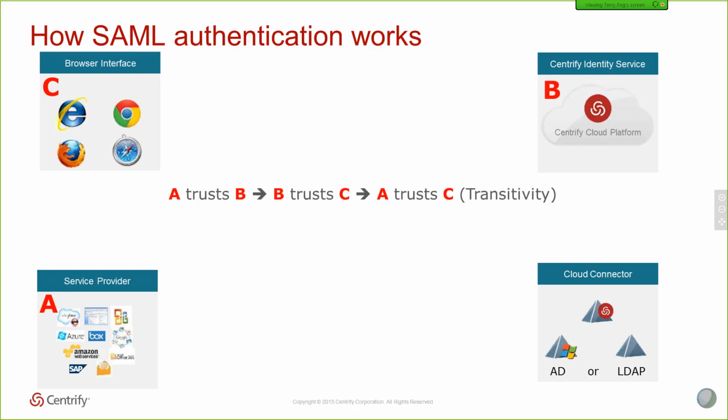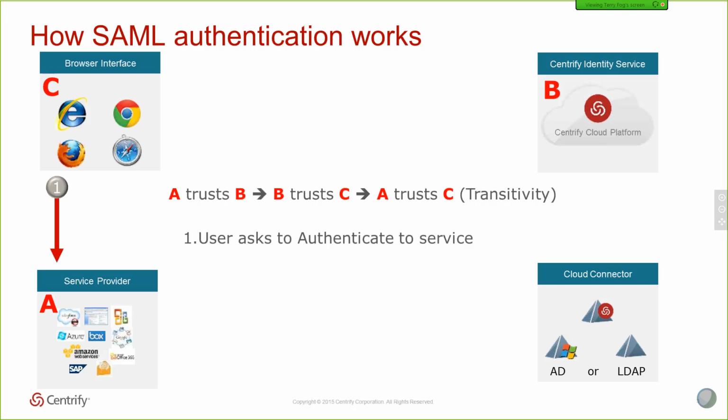Now we have a service provider, which is the A here at the bottom left, and then Centrify as an identity provider. And now we have the new term Centrify Identity Service, that's us, and the browser interface, which is the user himself or herself.